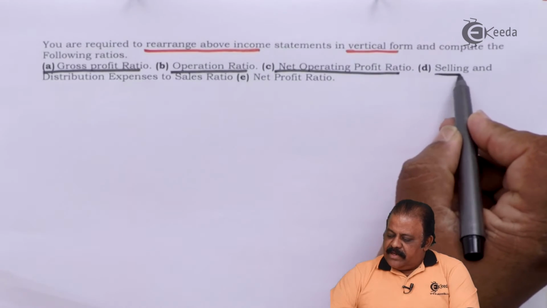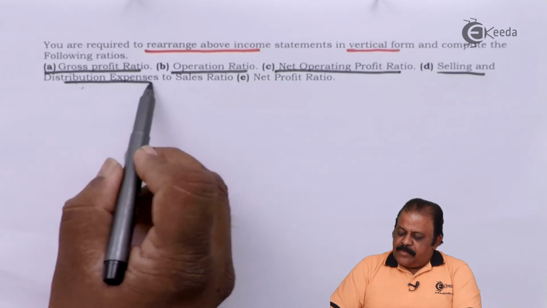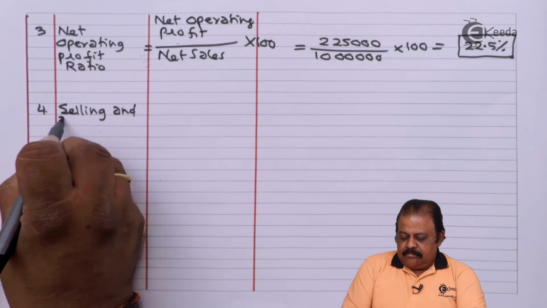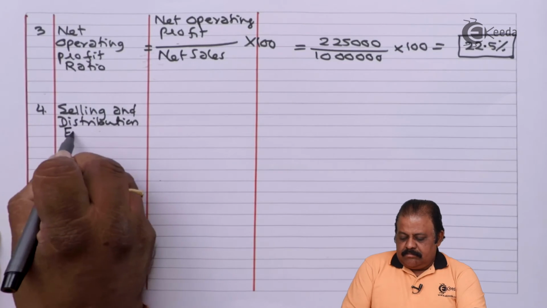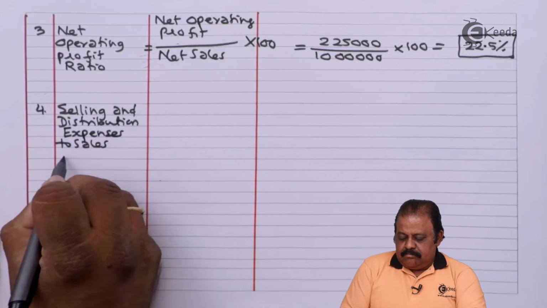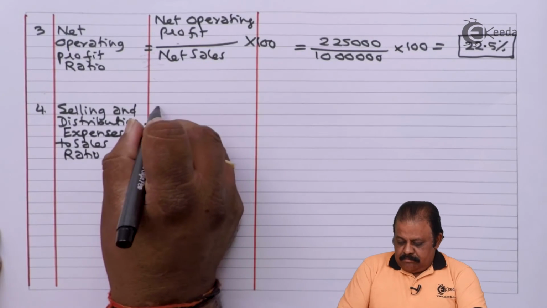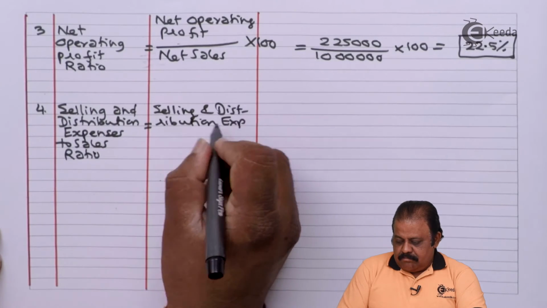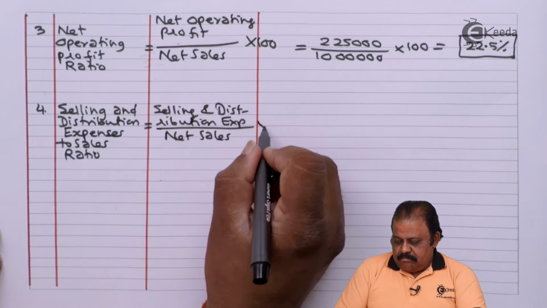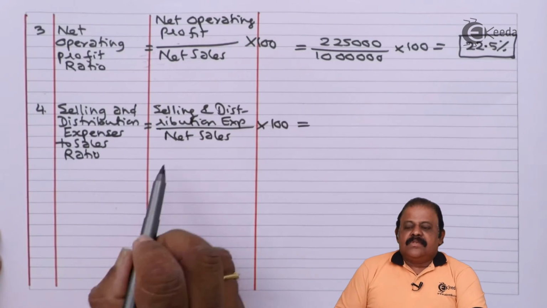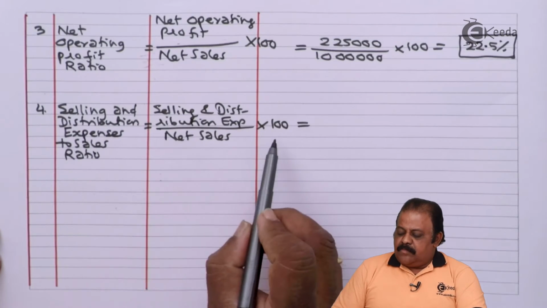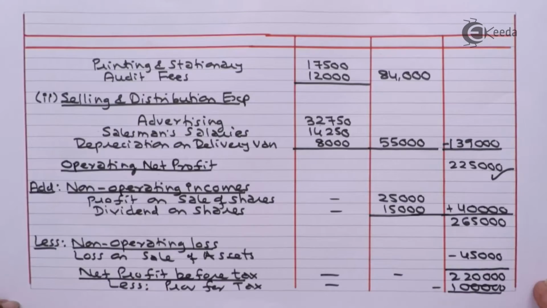Next we have selling and distribution expenses to sales ratio. Selling and distribution expenses divided by net sales multiplied by 100.